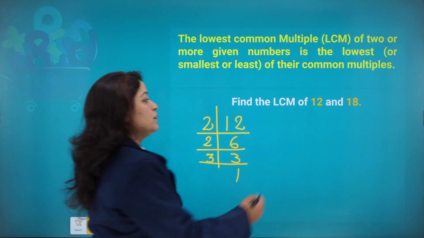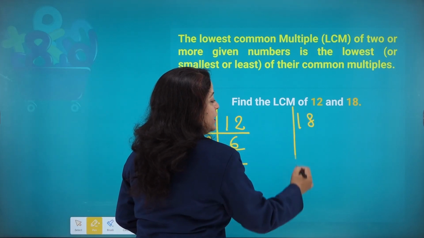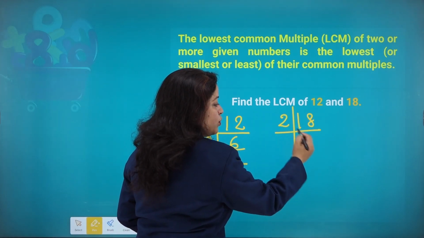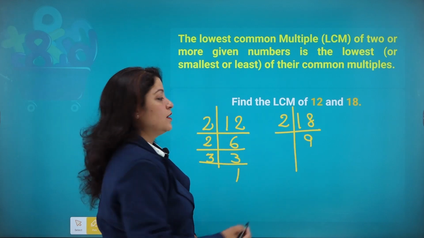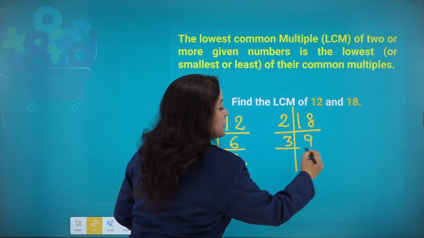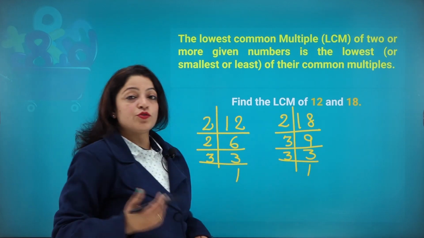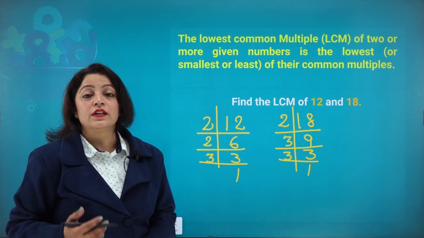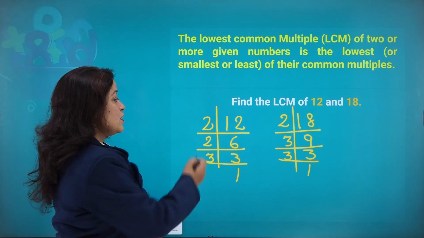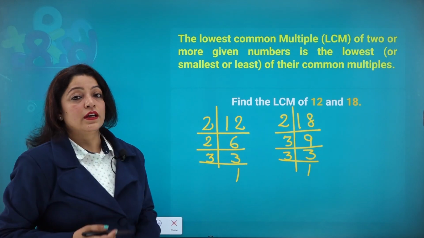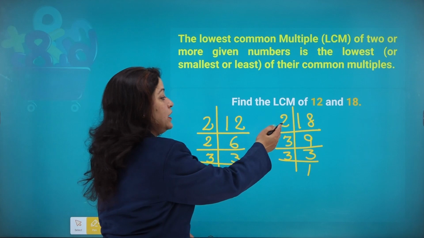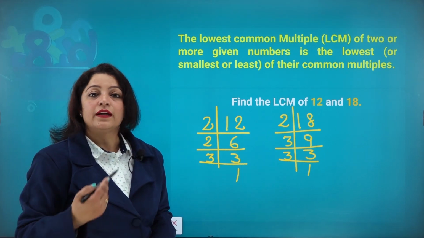In the same manner for 18, I can find out by 2 9s are 18. Then 9 is divisible by 3, so 3 3s are 9 and 3 1 times is 3. So I got here that the prime factorization of 12 is 2 times 2 times 3 and the prime factorization of 18 is 2 times 3 times 3.